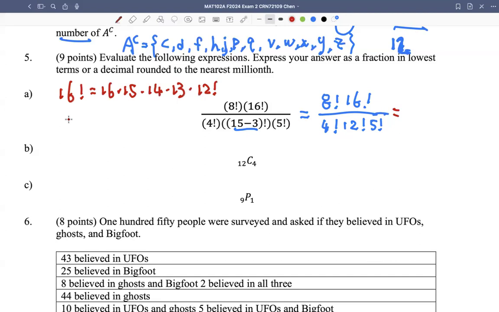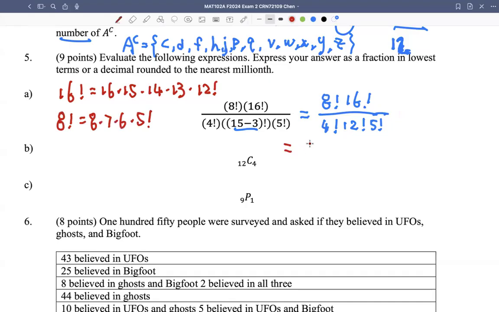In the same way, we want to write 8 factorial as 8 times 7 times 6 times 5 factorial, because we have 5 factorial in the denominator, right? So we can simplify that. Let's write it down. I don't think I have enough space, so I'm going to write on the bottom.